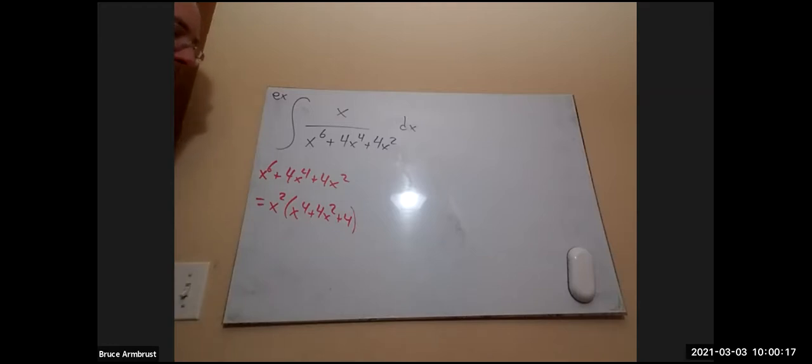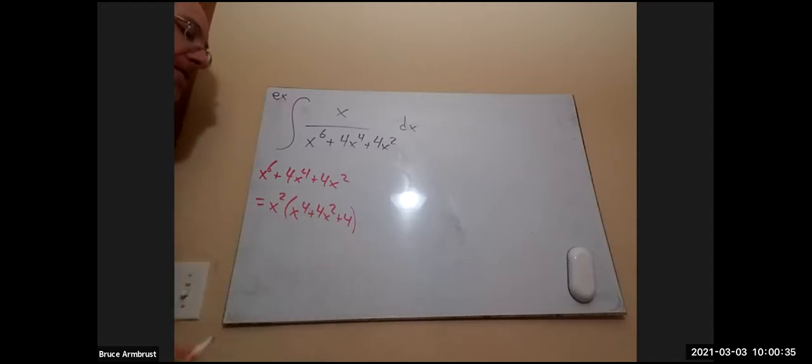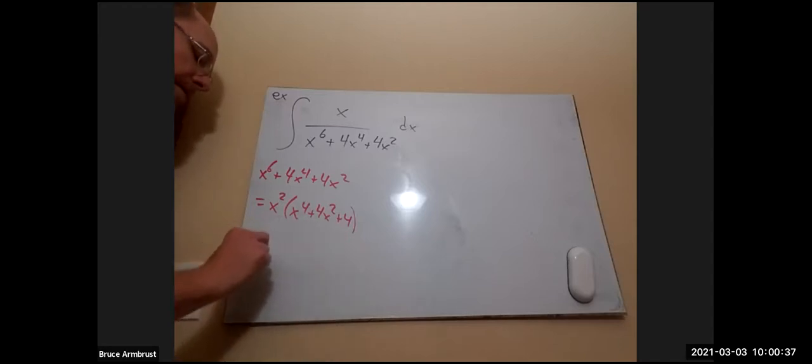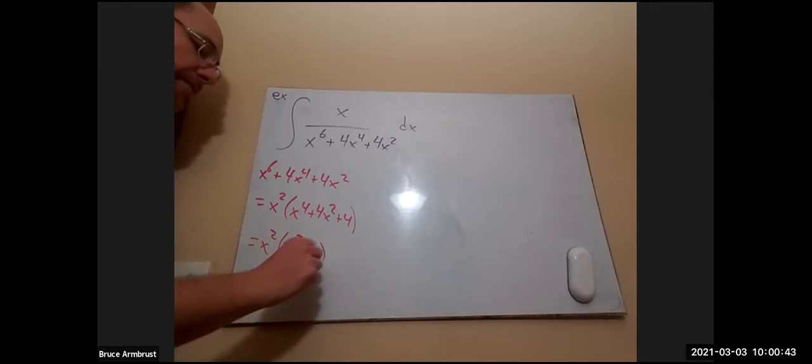So we've got x squared times x to the 4th plus 4x squared plus 4. All right. So this next piece, x to the 4th plus 4x squared plus 4, that also factors. It's x squared plus 2 times x squared plus 2.